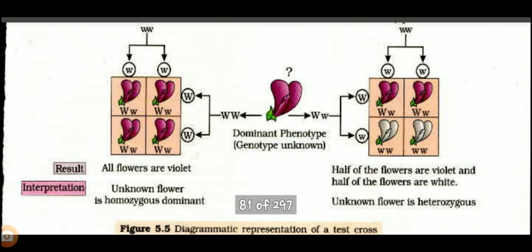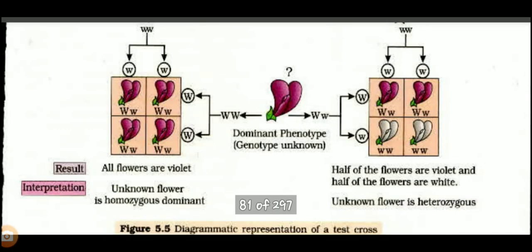And here you can see, if we cross the dwarf, the recessive character, this is the diagrammatic representation of a test cross. You can see capital W for the dominant color and small w for the recessive color, and all will be hybrid.